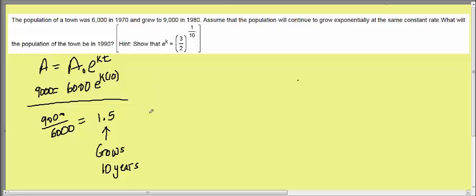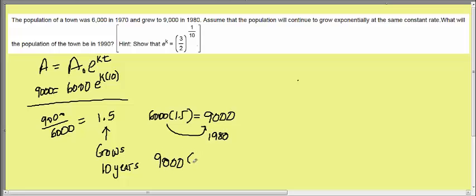So for instance, if we did 6,000 times 1.5, we get 9,000. Now, that takes us over that 10 years. So this is what's happening, and this is in 1980. So if we take 9,000 and we multiply by 1.5, then we're going to get what's happening 10 years later.